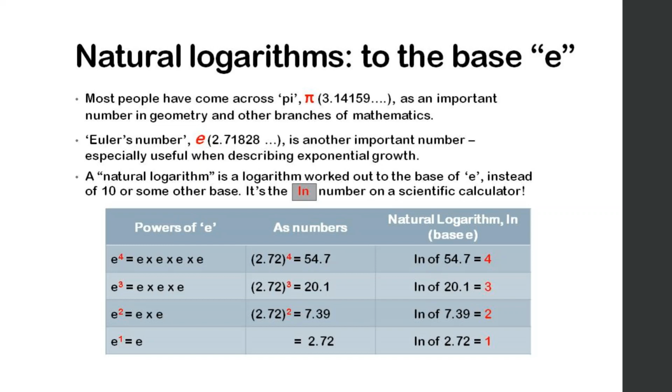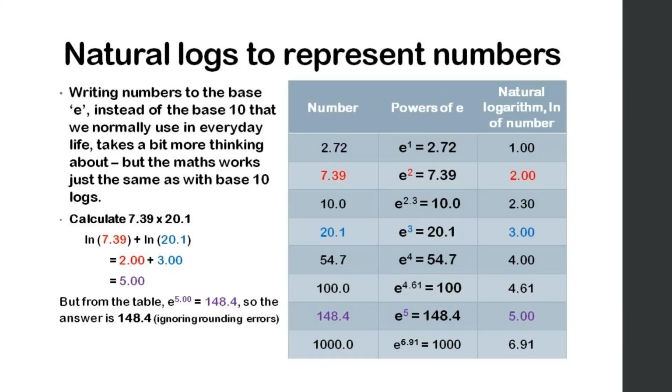So for example, the number 54.7 is 2.72 to the power of 4, so that the natural log of 54.7 is 4, and so on. And we can use these in exactly the same way as we use logs to base 10.